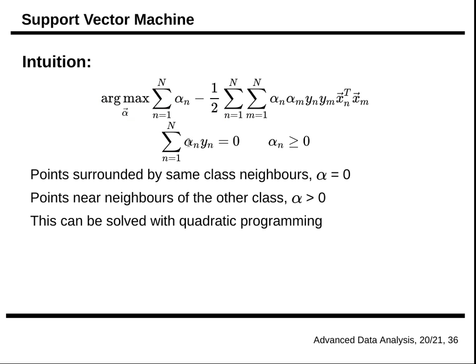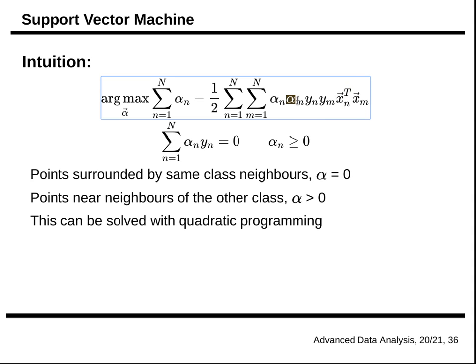Now we have these constraints. The sum of the Lagrangian multipliers multiplied by the classes must be 0. So the total Lagrangian multipliers on class 1 must be the same as that on class -1, and they all must be equal to 0 or larger, so non-negative. So the idea here is that when we have points that are close to points on the other class, their Lagrangian multipliers will tend to go up.